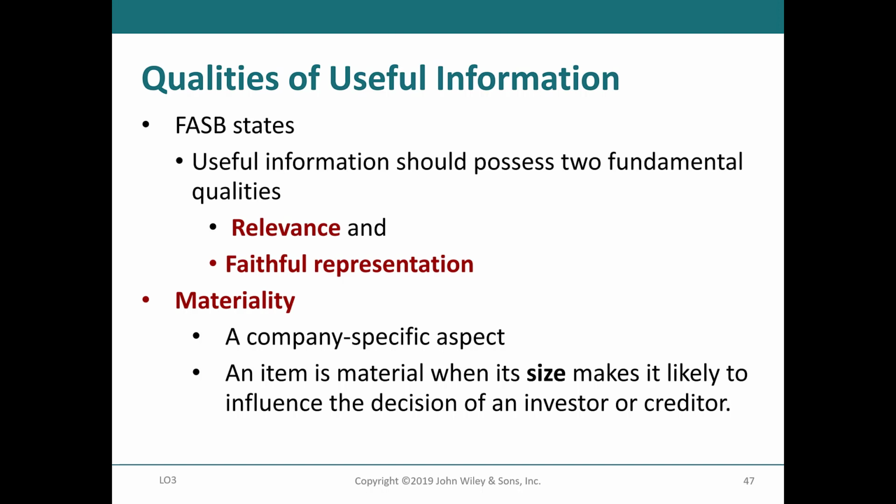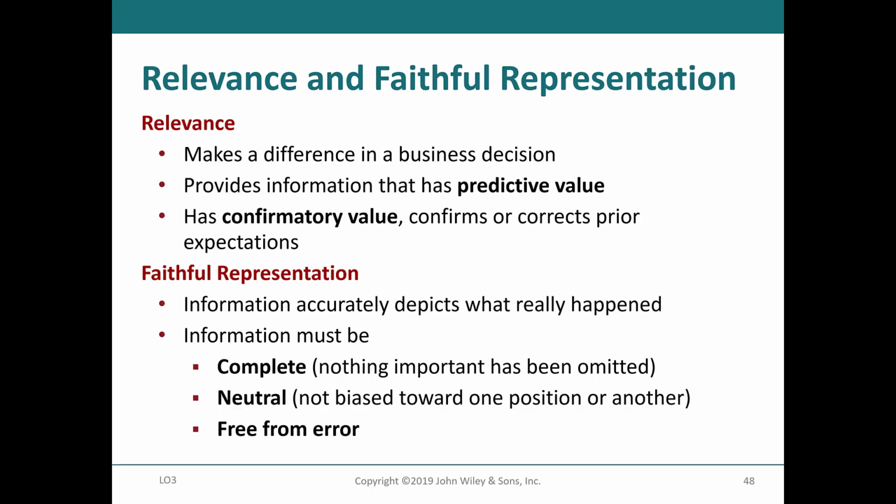An item is material when its size makes it likely to influence the decision of an investor or a creditor. So if you're providing information to the general public, if it's going to be a big influence on decision making, or if it's going to mislead, then you want to put it in there for them to see and understand.